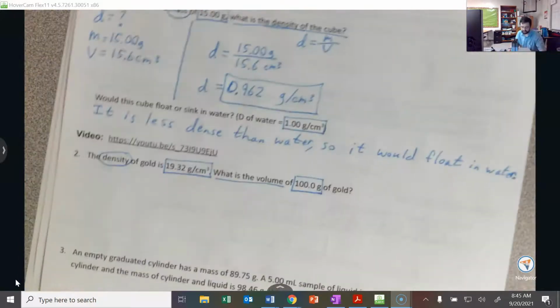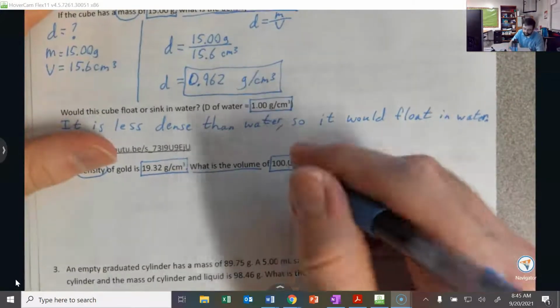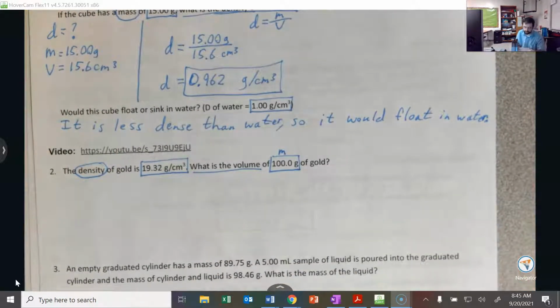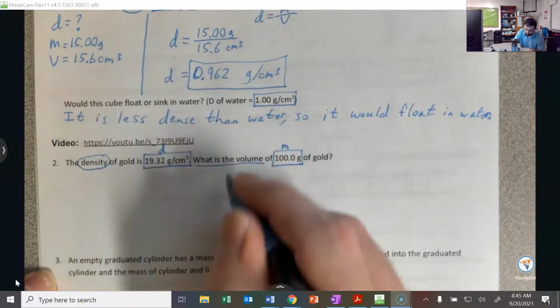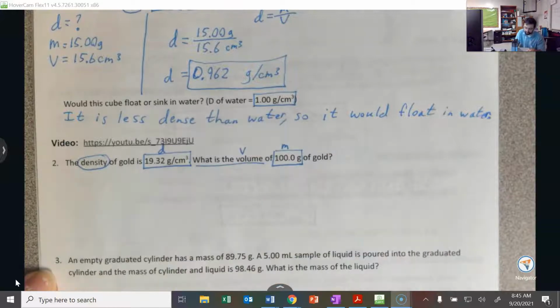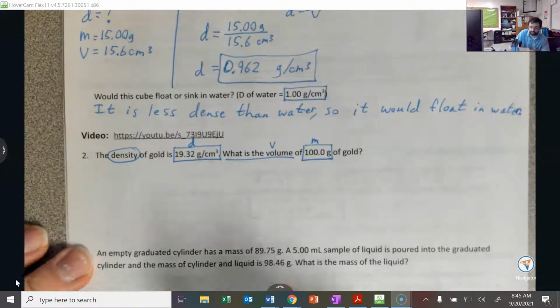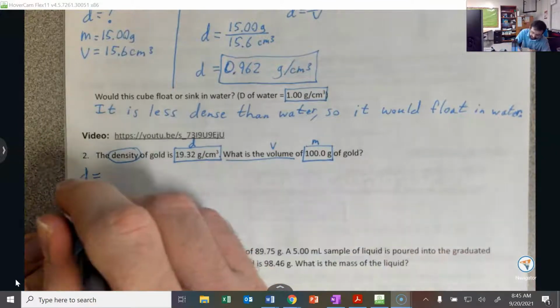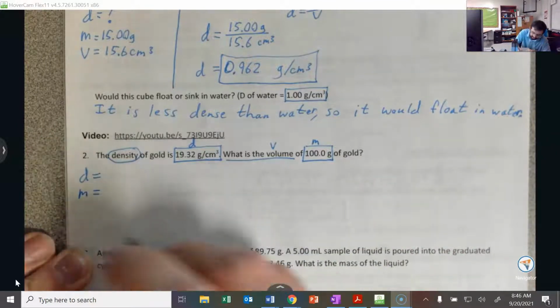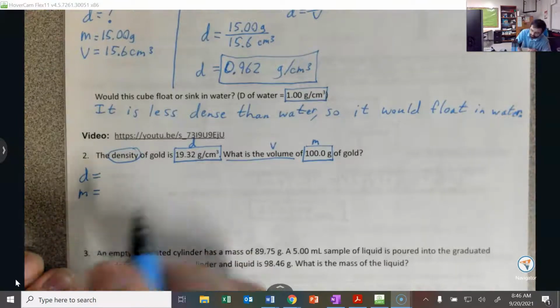So you need to watch out for your wording here. Sometimes it doesn't tell you what it is, but grams is a unit of mass, so I know that's M. My density, D, and what I'm looking for is V. So let's label it. By the way, I will give you partial credit if all you can do is label the variables, as long as you label them right and put your units.